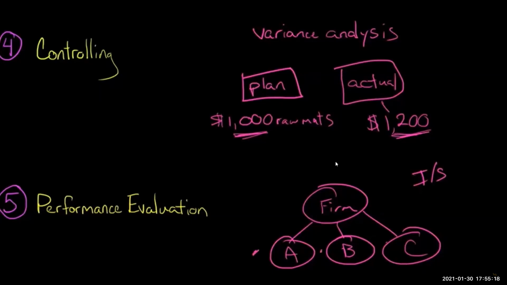If they have responsibility for generating sales, and they also have responsibility for some costs, we might come up with a divisional profit. We might say, what's the profit of Division A, Division B, and Division C? But if they don't have any responsibility for sales, and all they're doing is manufacturing something, and they're just responsible for costs, then we might just look at costs.